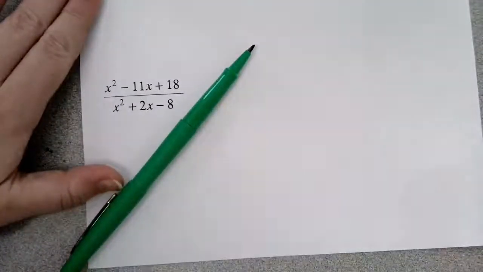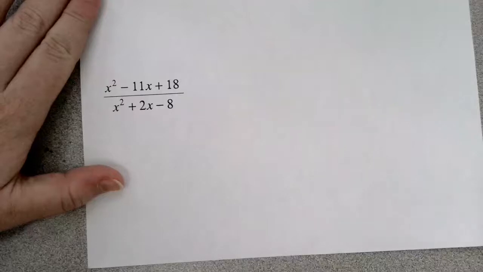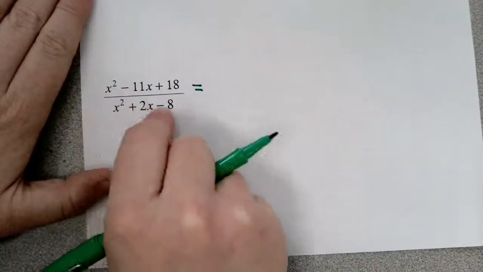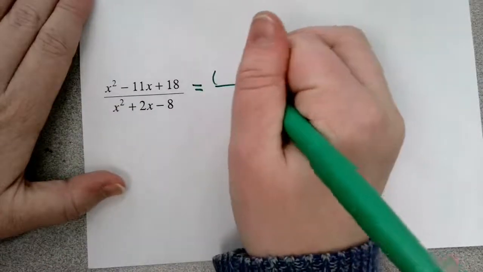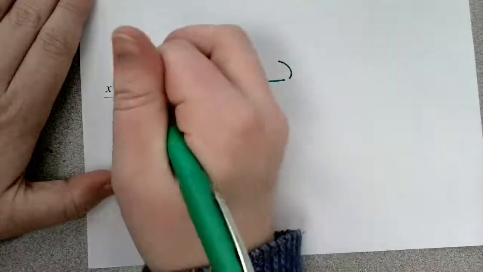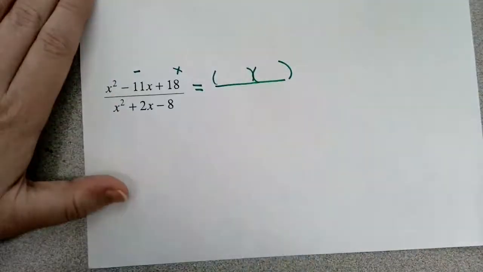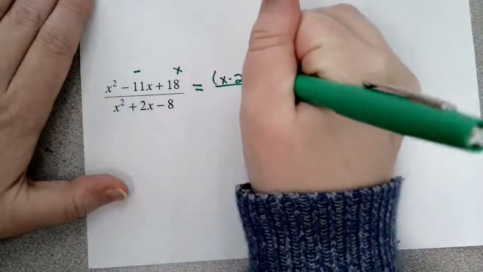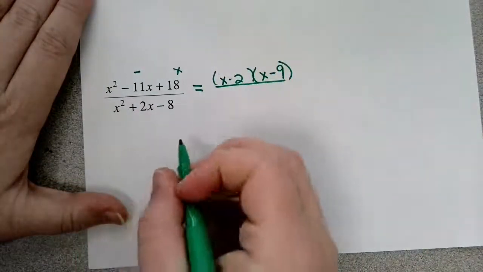Looking at your last example, again, quadratic trinomial, a is 1 for both. So let's factor the top. What two numbers multiply together to be 18 but add together to be negative 11? It's going to be a negative 2 and a negative 9. Factor the bottom.